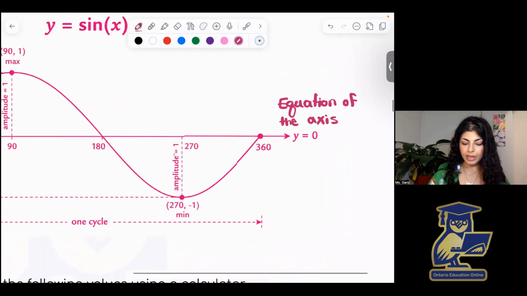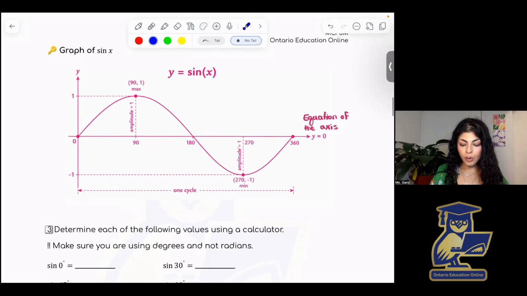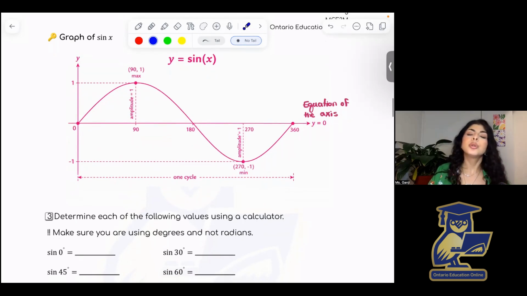And so we can clearly see the amplitude, either considering the maximum or the minimum, will be equal to 1. And this whole part from 0 to 360 degrees is one cycle, and this is the cycle that keeps repeating. And so, similar to one of our previous examples, any multiple of 270 will have this output of -1.